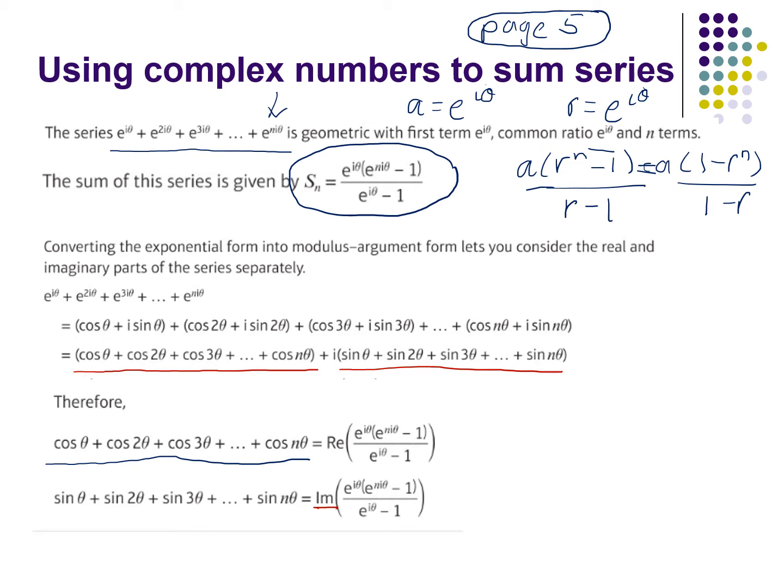So if I can form this expression, then with a bit of manipulation, you'll see we need to be able to work out which is the real bit and which is the imaginary bit. If I can work that out, then that equates to my cos bits or to my sine bits. So that's basically what we're going to be doing.